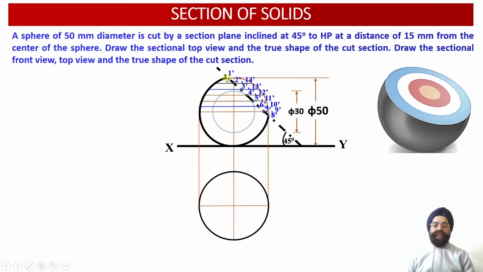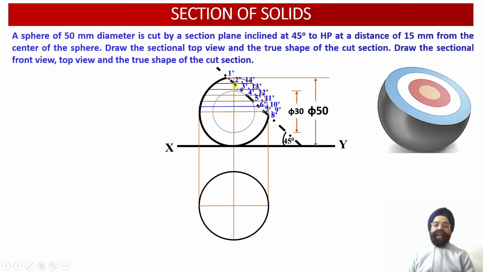So the 14 points available with us are 1 dash, 2 dash, 3 dash, 4 dash, 5 dash, 6 dash, 7 dash, 8 dash, 9 dash, 10 dash, 11 dash, 12 dash, 13 dash and 14 dash. Now we can check corresponding to every ring or slice we have added over here, a couple of points will have to be located in the sectional top view and in the true shape projections.